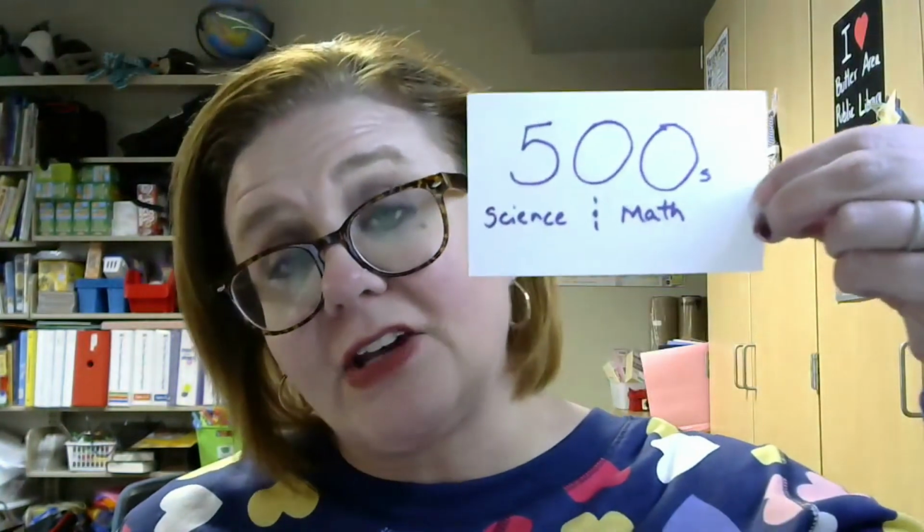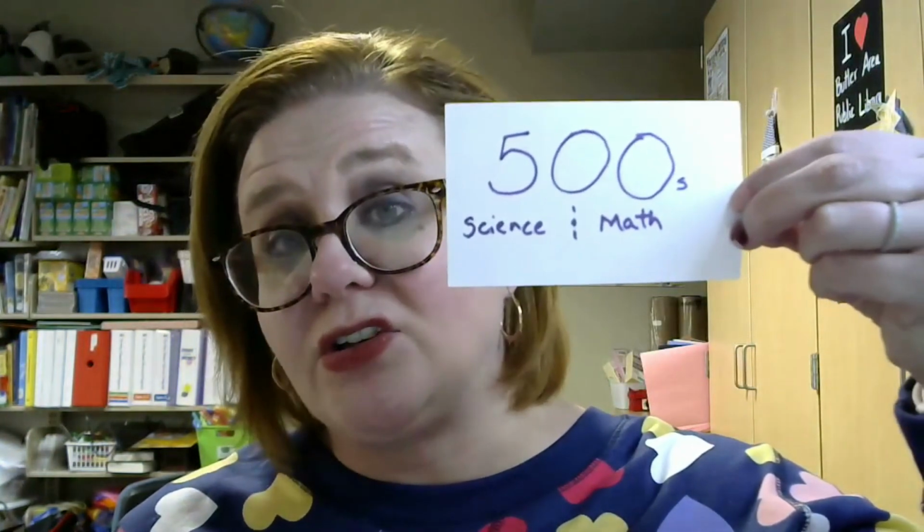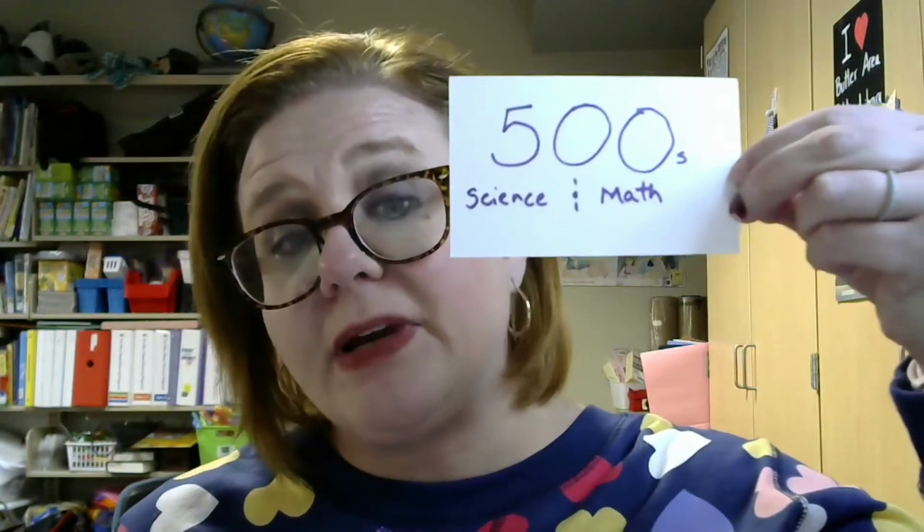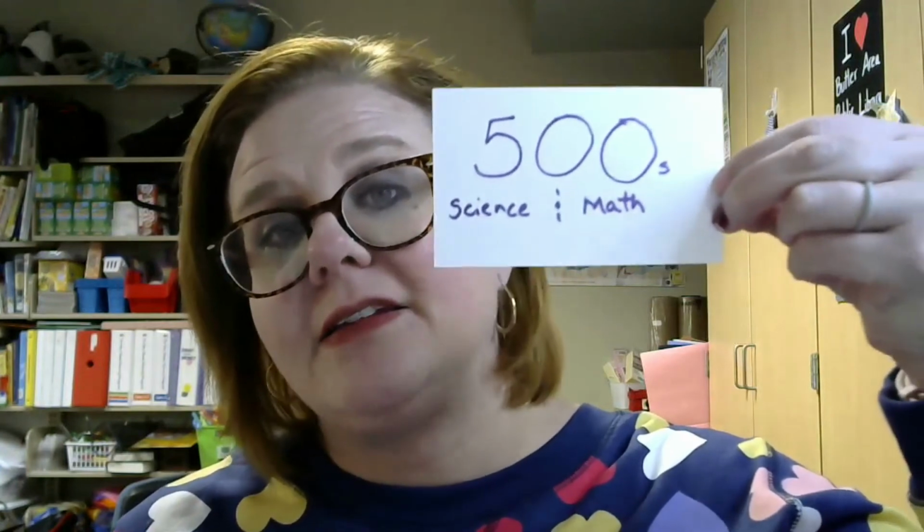Remember, the Dewey Decimal System is broken up into different sections called the hundreds, and then each hundreds section is broken up into smaller sections. The Dewey Decimal System goes from general to specific. So the 500 section covers all topics related to science and math, and we are going to look at how that breaks down throughout the 500s.